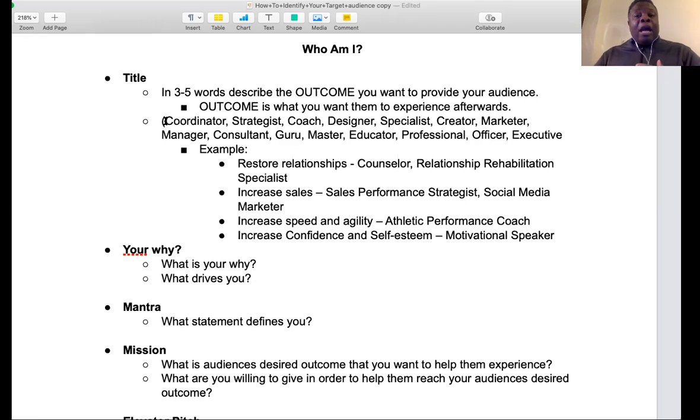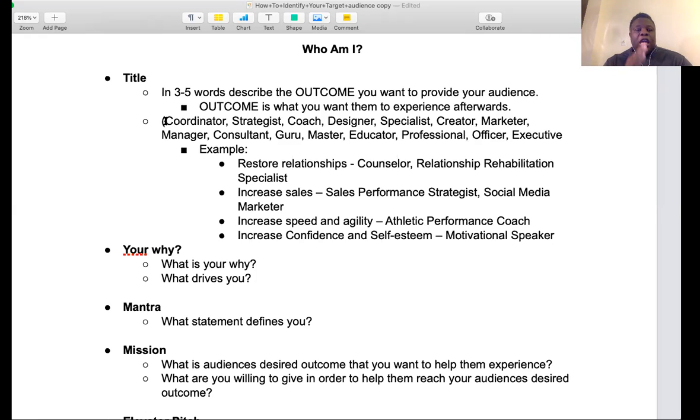And the desired outcome is that you want the individuals in your audience that take or buy your product to have, one, a sense of wellness. Okay. If their objective and goal is to lose weight, you want them to lose weight in a healthy manner, healthy fashion, and you want them to maintain that weight loss. Okay. What is the desired outcome?